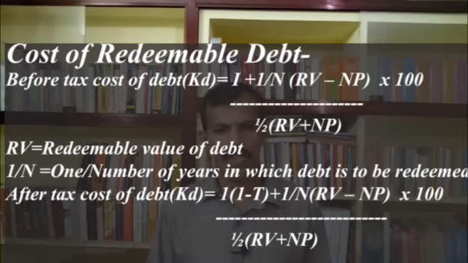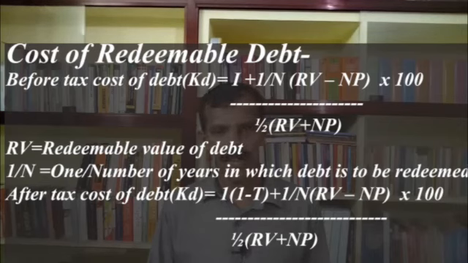Before-tax cost of debt, represented by KD, is equal to interest plus 1 divided by n, where n is the number of years, into RV minus NP.